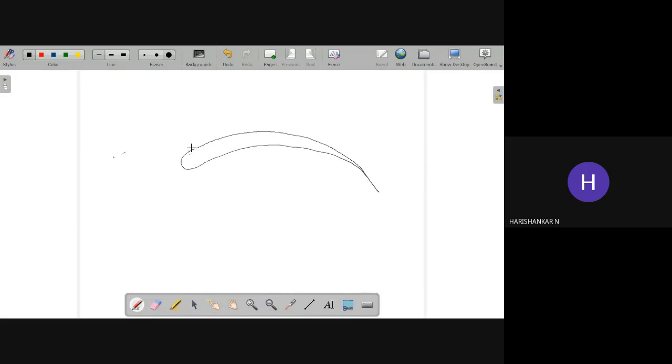I hope you can understand the meaning. It will be going like this, attached to the fuselage. I am cutting a section like this. I hope you can understand.